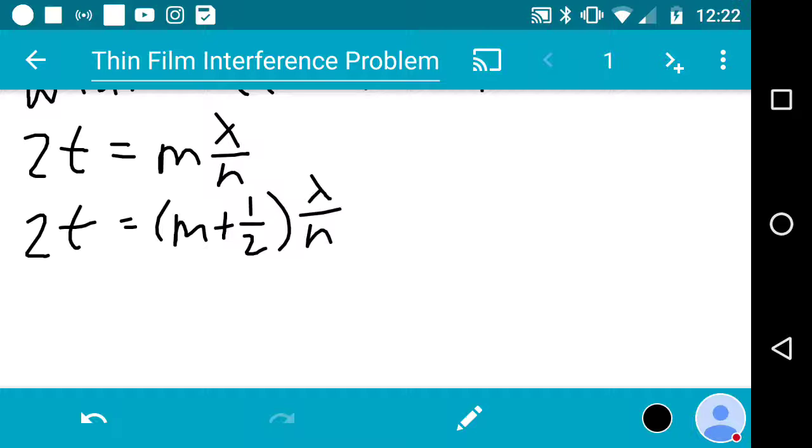Now the tricky thing about thin film interference is that either equation can be constructive or destructive depending on what the situation is. We know that we have constructive interference for a couple of lambda values, but the key thing is how many phase changes do we have. If we have 0 or 2 phase changes, we're going to use the top equation. If we have only one phase change, we're going to use the bottom.